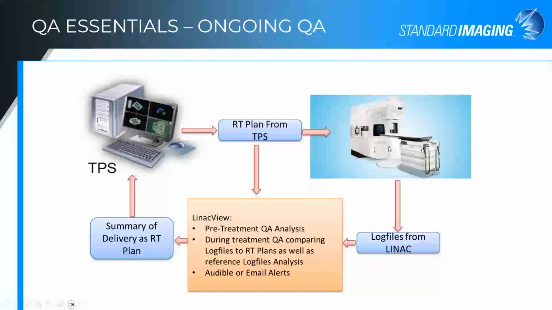Once the Linac View has received that RT plan, any log files that are generated for the patient treatment will be automatically brought into Linac View, associated with the right RT plan, analyzed. Any alerts would show up on screen right there.